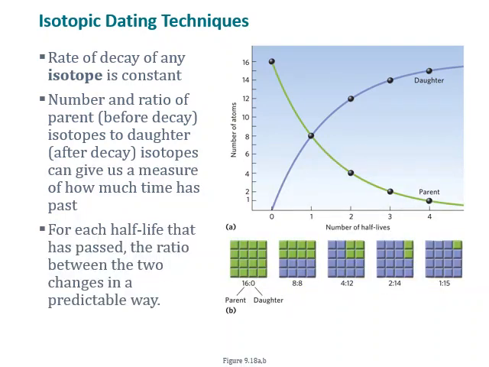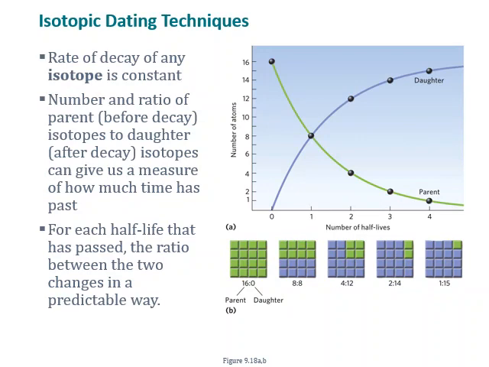So on the diagram to the right, we have two plots, or two different variables, plotted on a graph of the number of atoms versus the number of half-lives. And below it we have the same representation, but for your benefit, visualized in terms of these different blocks. So at time 0, or at 0 half-lives, we have 16 parent atoms and 0 daughter atoms.